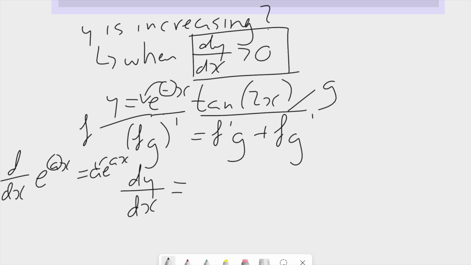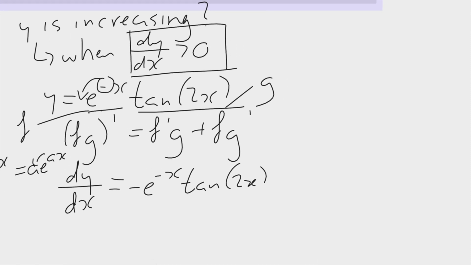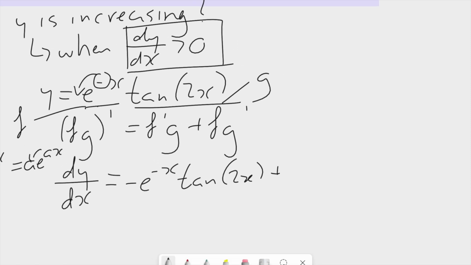So the derivative of e to the minus x is minus e to the minus x times g, which is tan of 2x. And then we have to add f, which is just e to the minus x, multiplied by g prime.